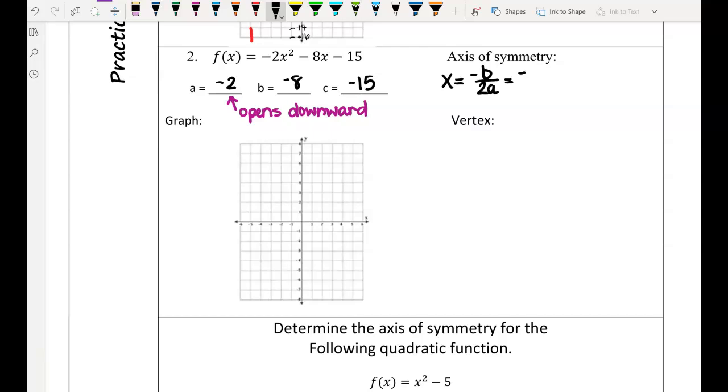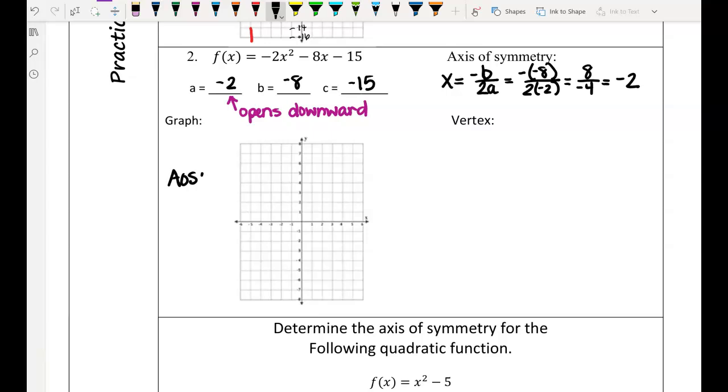So this is really negative 8 divided by 2 times negative 2. You already have a negative in the formula. When you substitute a negative in, you end up with a double negative, which ends up giving me positive 8 divided by negative 4, which gives me negative 2.